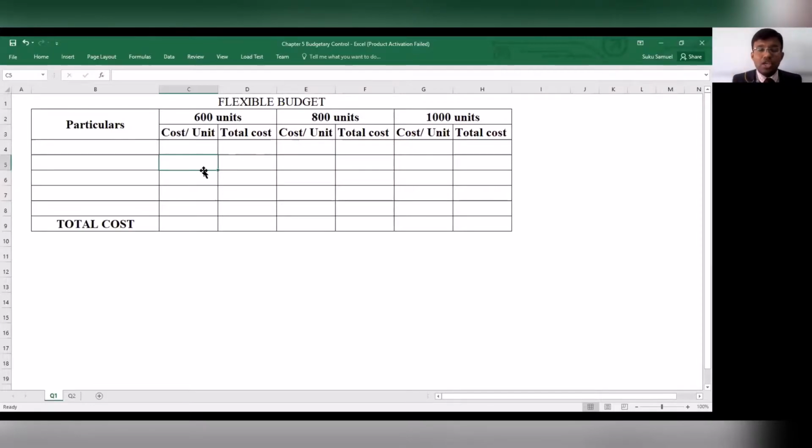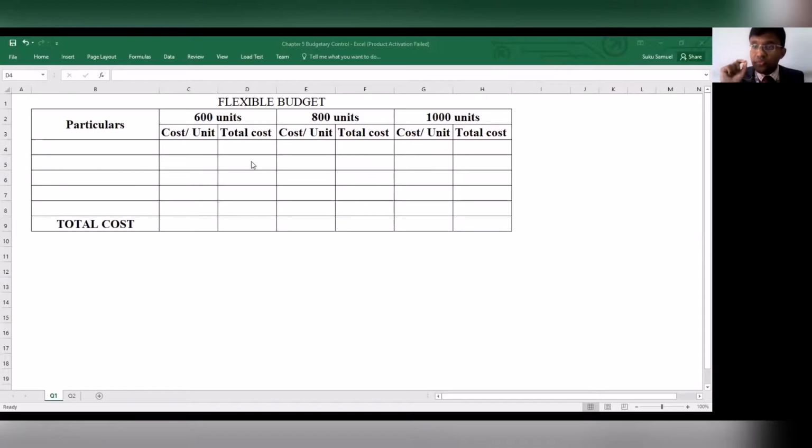For each level, you must disclose the cost per unit, and you must also disclose the total cost. Both have to be disclosed while you prepare the flexible budget. Now here are some thumb rules that you have to remember when you go about preparing the flexible budget.